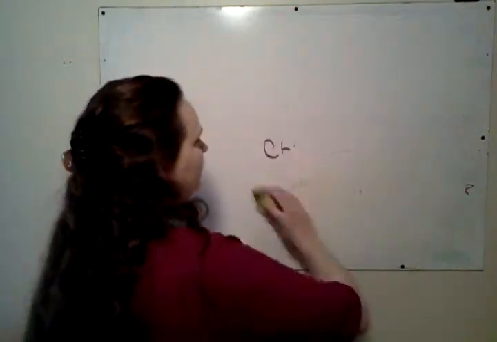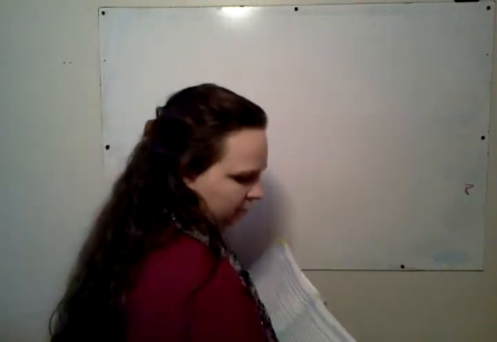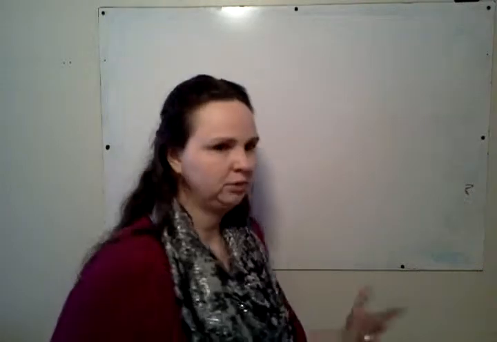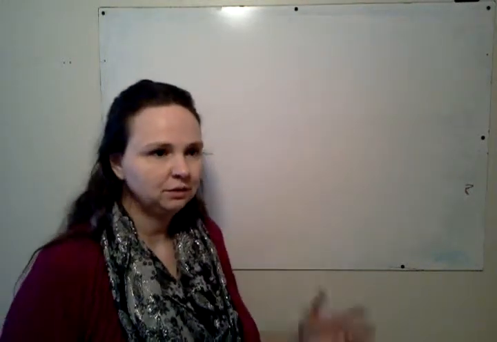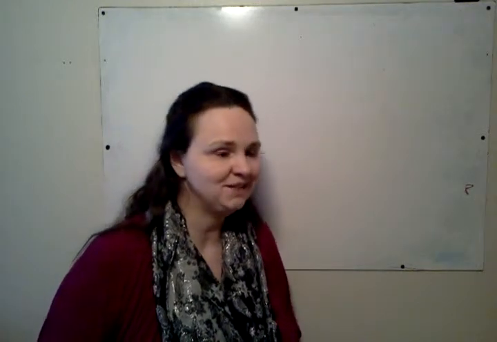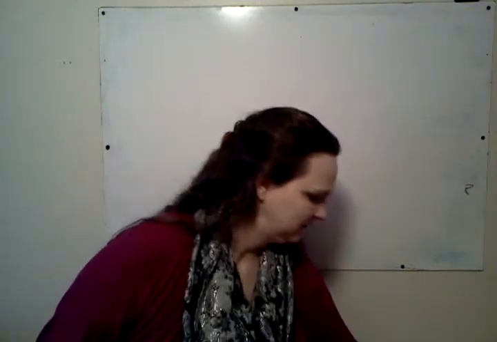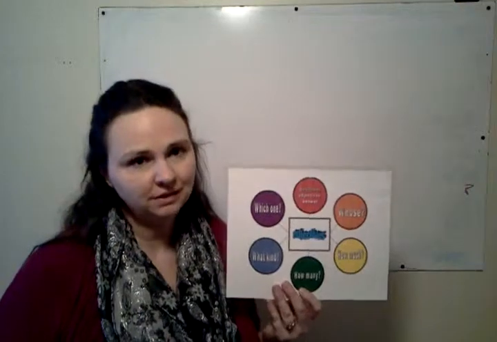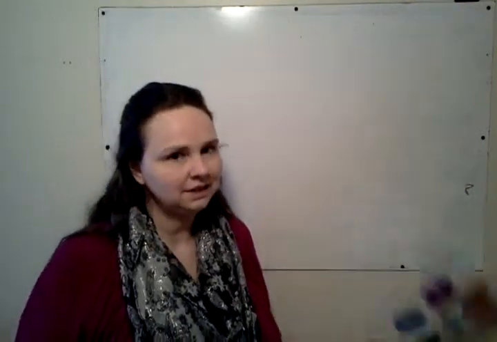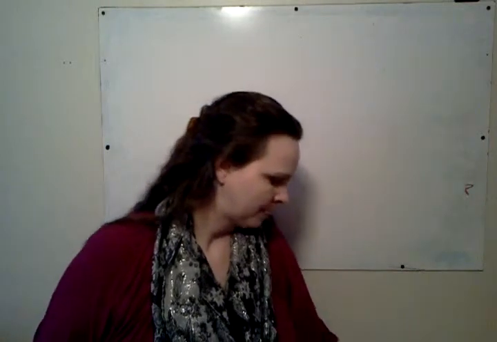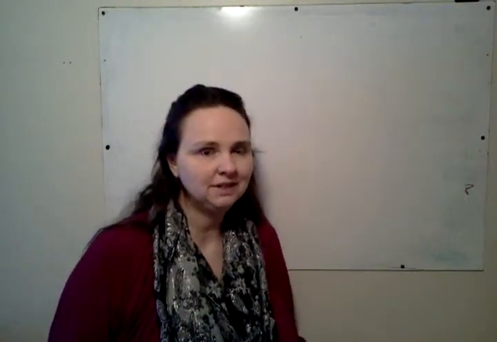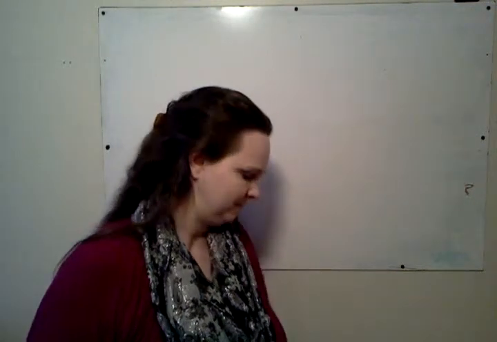Well, each part of speech has a specific description. A noun is a person, place, thing, or idea. So if the word is being a person, place, thing, or idea, it's doing a noun job in the sentence. An adjective answers these questions about a noun. So if the word is answering one of these questions about a noun, it's doing an adjective job. A pronoun replaces a noun. So if the word is replacing a noun, it's doing a pronoun job.